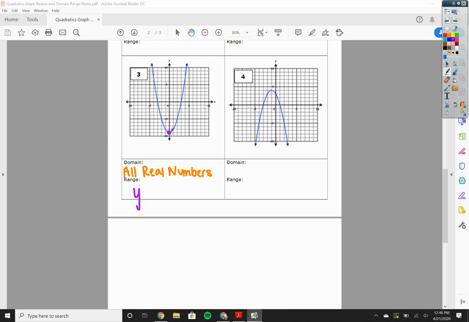The y of our vertex is going to be -1, 2, 3, 4, 5, 6, 7, 8, 9. So -9. Now this is a minimum value. So all of our y values are above that -9, which means they're greater than -9. So y is greater than or equal to, oops. So y is greater than -9, and then it's a closed circle, so we put that equal to line underneath.